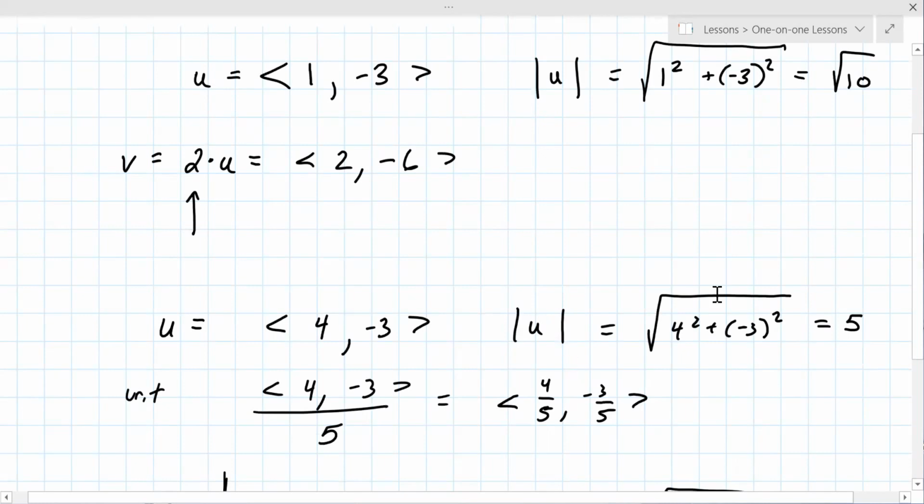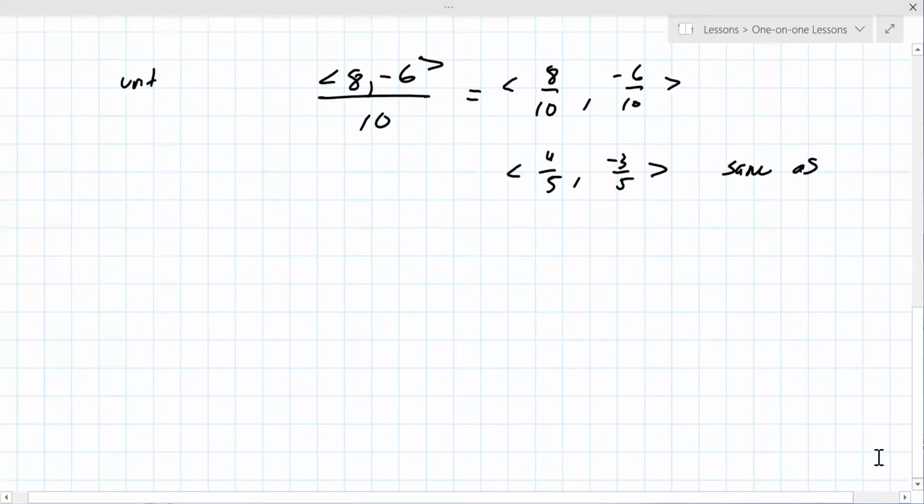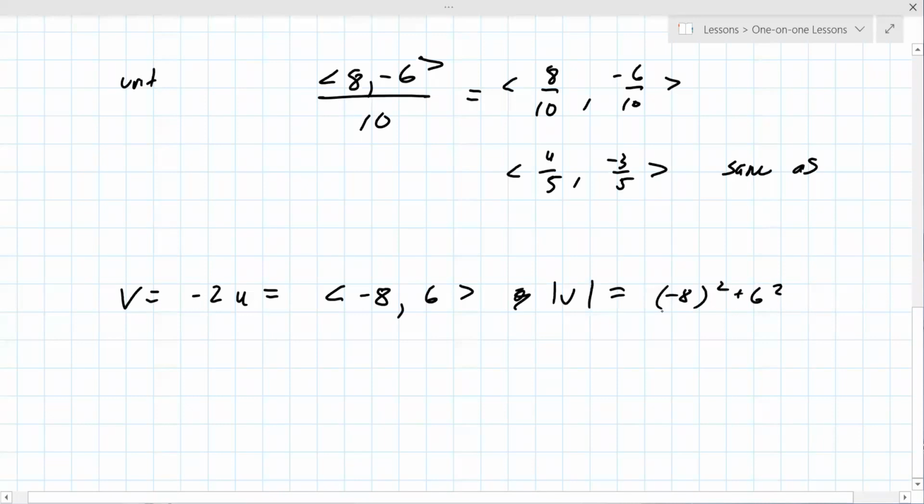So the point is, to get them to be different, you have to say, okay, well, let's make v minus 2 times u. So now it's -8 comma positive 6. And when you find the magnitude of v, it's -8 squared plus 6 squared, square rooted.